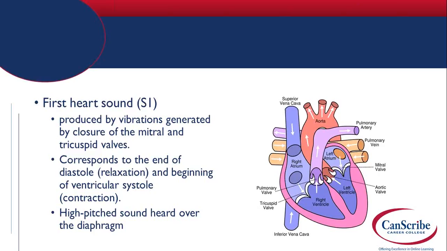When these valves close, that's when you hear the first heart sound. And the sound corresponds to the end of diastole, which is the relaxation of the heart, and the beginning of the ventricular systole, which is when the heart contracts. And it's usually a high-pitched sound. It's heard over the diaphragm.